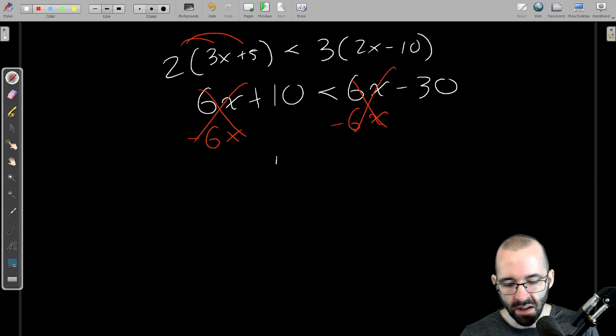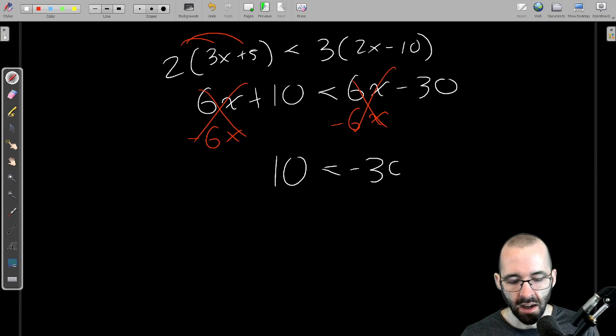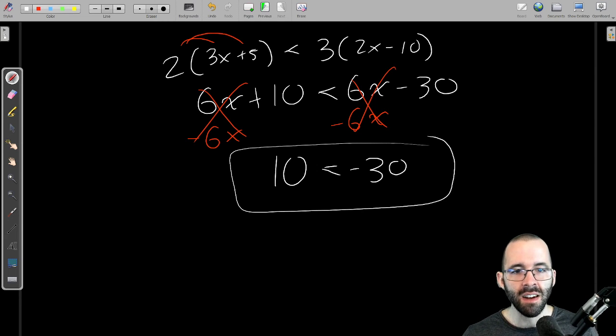They cancel out, and we get 10 is less than negative 30. We're looking at all the values of x that make this true. What value of x is going to make 10 be smaller than a negative number? There aren't any.